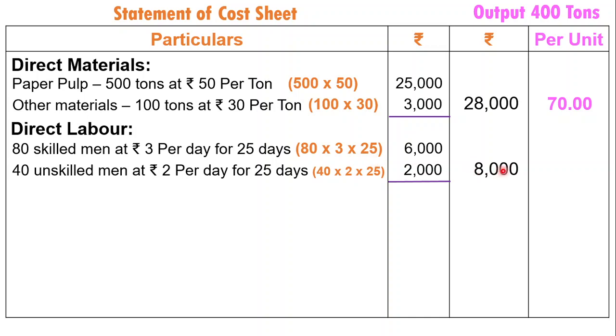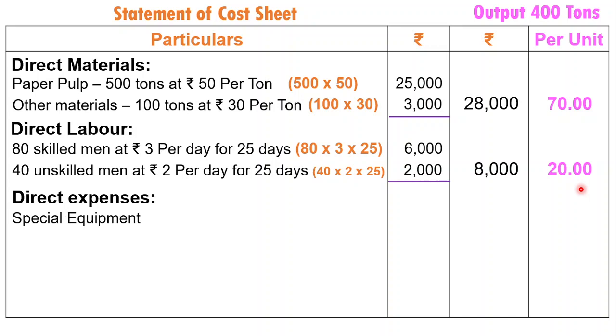Once we arrive at 8,000 rupees as the direct wages total amount, 8,000 divided by 400 gives the per unit or per ton value, that is 20 rupees. Next, direct materials completed, direct labor completed, direct expenses is the third major component. Two items are specifically mentioned.